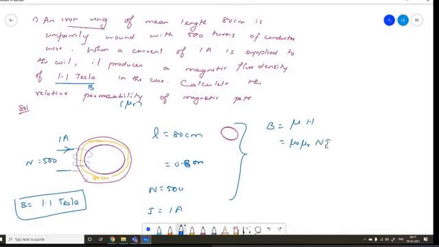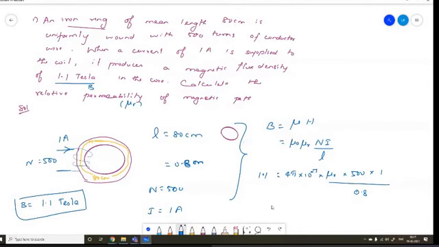It is N into I divided by L. So this is given to be 1.1, and this is 4 pi into 10 to the power minus 7 for mu naught, and mu R has to be determined, and N is given to be 500, and I is given to be 1 ampere, and L is given to be 0.8.